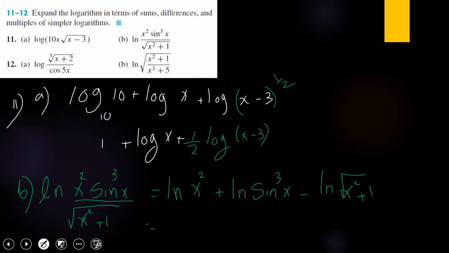Now ln of x squared means it is 2 ln of x, plus 3 ln of sine x, minus half ln of x squared plus 1.